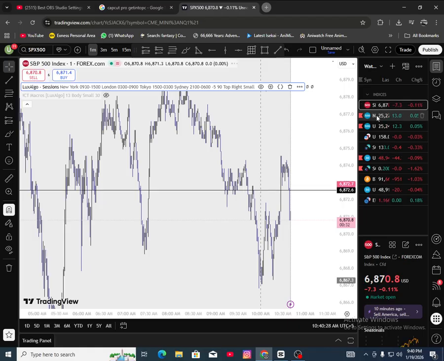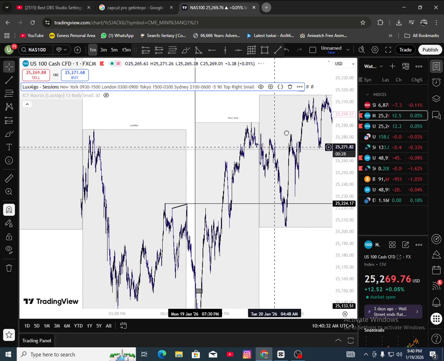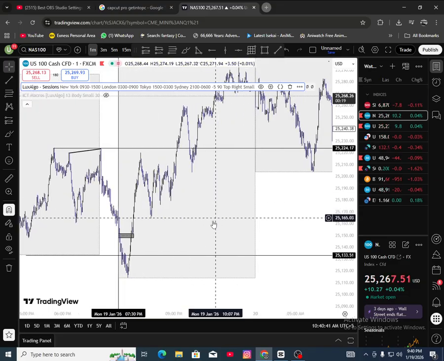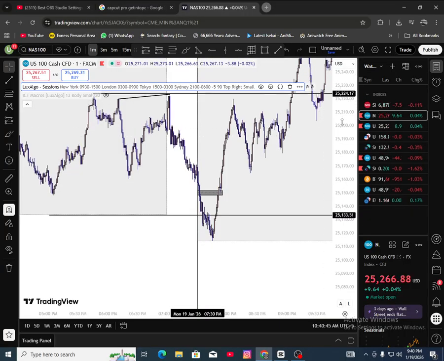So let us start. This is the Monday trade recap, but that day was a bank holiday, so a lot of traders did not trade, and one of them was me. But I was still on the chart looking at the entries.